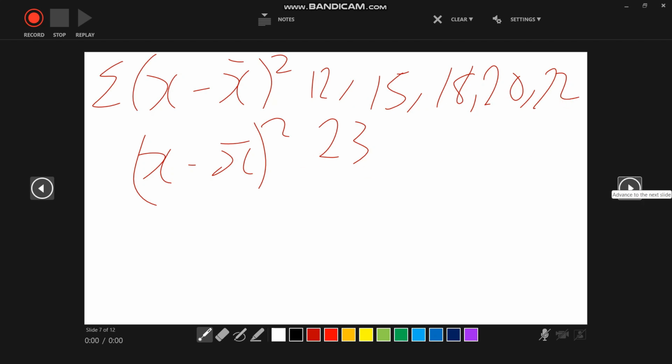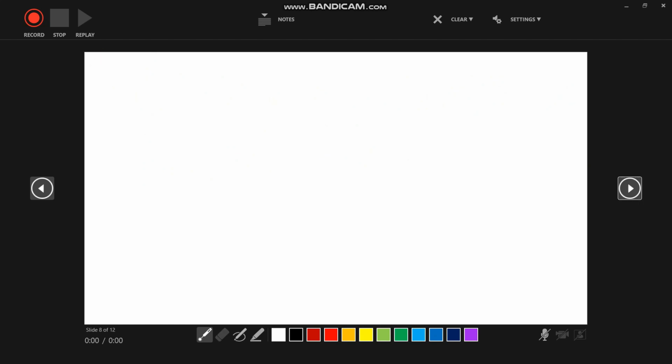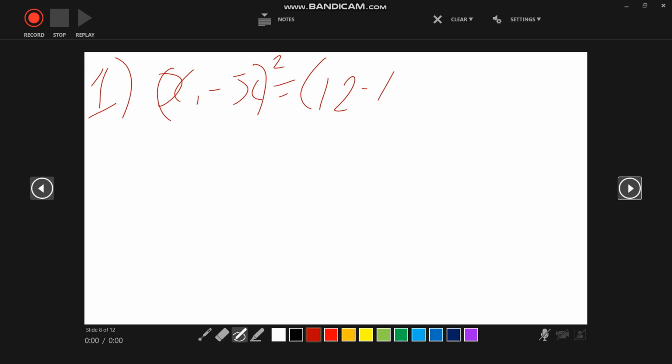Starting with the first one, our first x is 12. So x1 minus x bar, squared, will be 12 minus 18.33, then you square it.